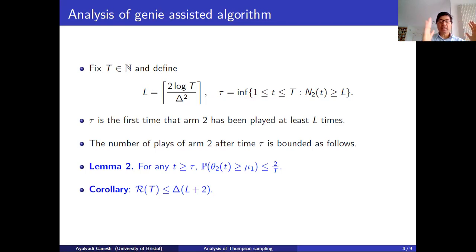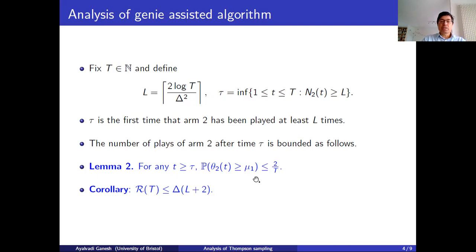Mu1 is known exactly. So in order to play arm 2, we need a sample which lies far in the tail of this posterior distribution, and that's an unlikely event. Its probability is bounded by 2 over T. This is how unlikely it is. Okay, so this is the assertion of lemma 2.